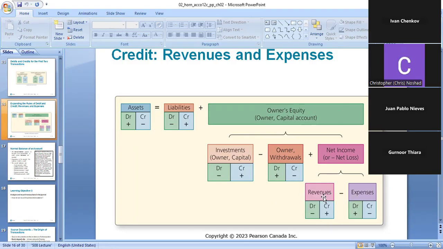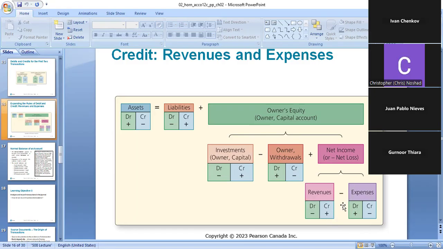So that's why revenue always is on credit. If you have to memorize something, revenue, credit. Every time you hear revenue, credit. Why? Credit is good for the owner. Credit increases the owner's wealth. Revenue is good for the owners. Increases the owner's wealth. Credit.